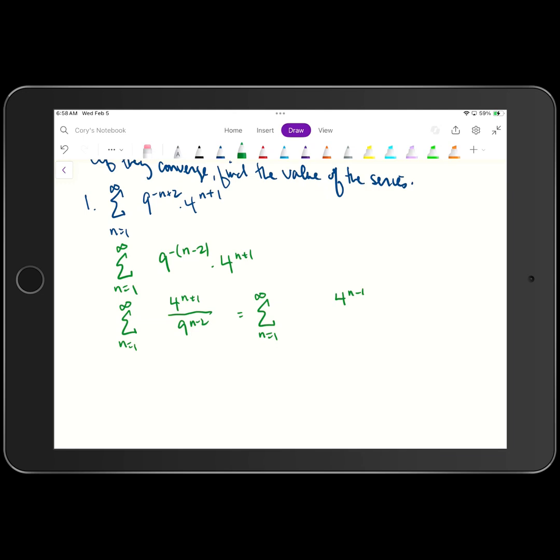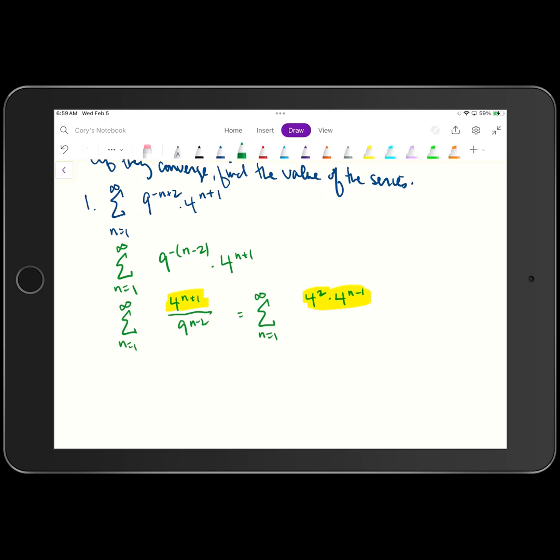How can I write the quantity on the right equivalent to the quantity on the left? Well, I can take that and multiply it by 4 squared. Because when I multiply two exponents that share the same base, I add their powers. And 2 plus n minus 1 is equivalent to n plus 1. Okay, so these two things here are the same now. They're just written in a slightly different way.